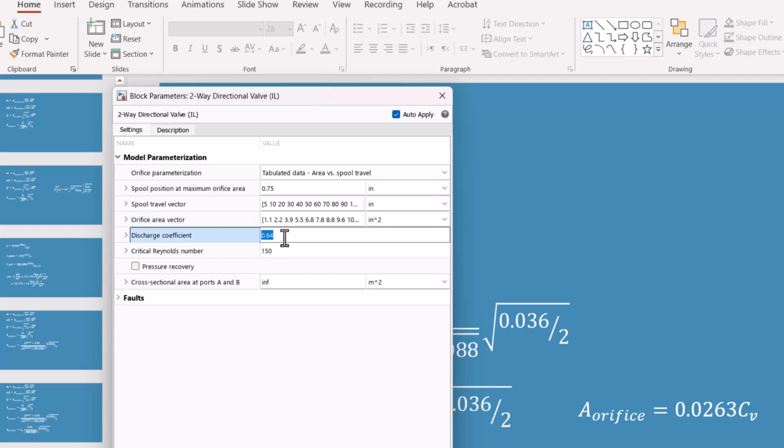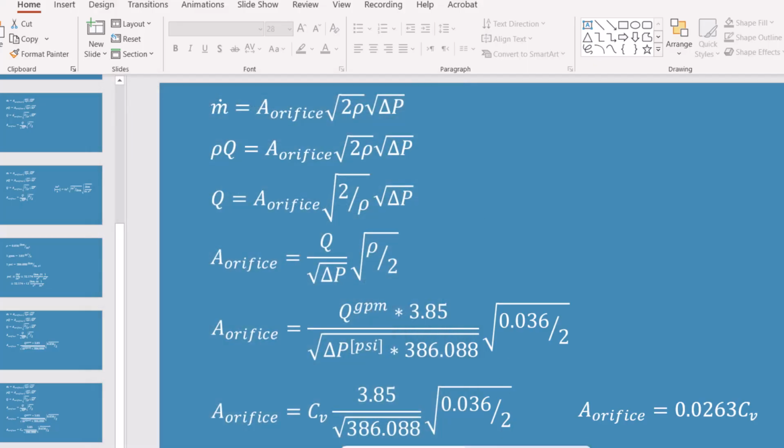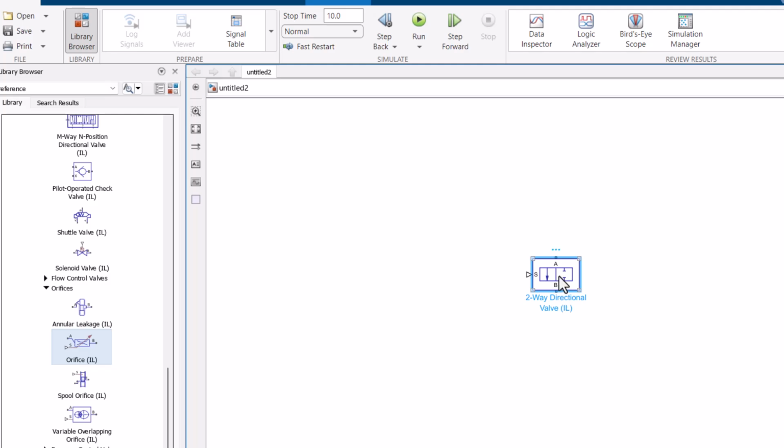And remember that I assume the discharge coefficient is set to 1. By default, the port areas is set to infinity. Infinity is infinity, so you do not need to change the units, but just to keep it consistent, I will set it to infinity of inches squared. So now the valve is completely modeled, and it's time to check if it works all right.